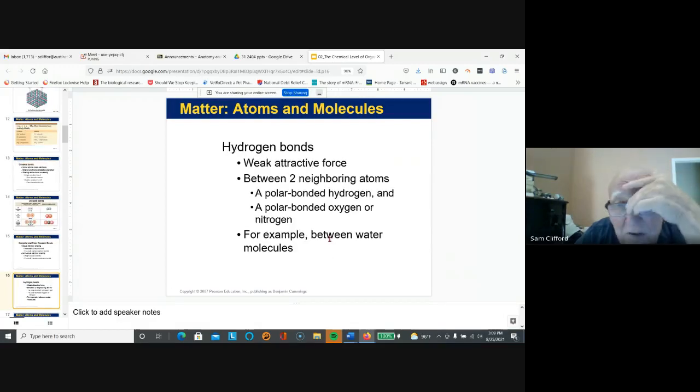We also have hydrogen bonds, which are incredibly weak attractive forces. Water forms one type of hydrogen bond between a polar bonded hydrogen and a polar bonded oxygen.